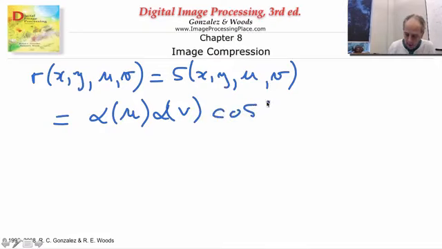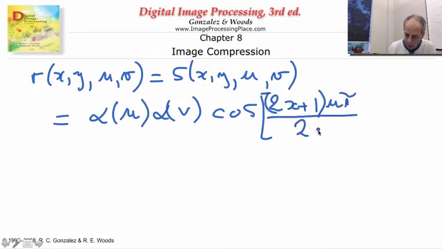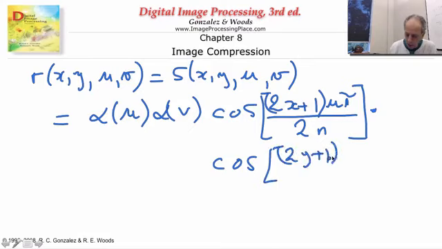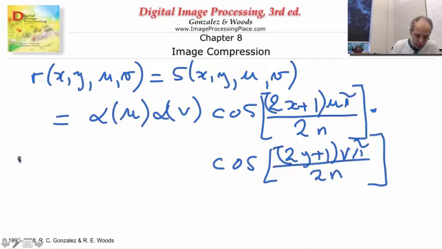Times cosine of the following: (2x plus 1) u pi over 2n, where n is the size, times cosine, exactly the same but for the other coordinate, (2y plus 1) v pi over 2n. That's the general formulation.